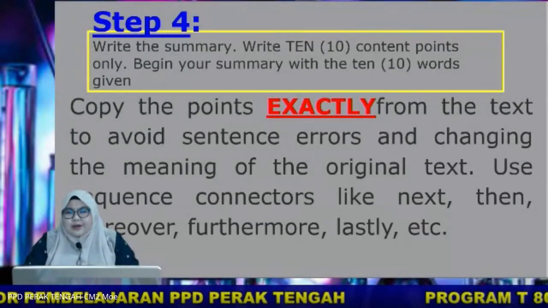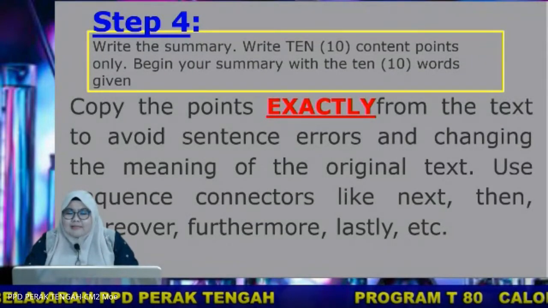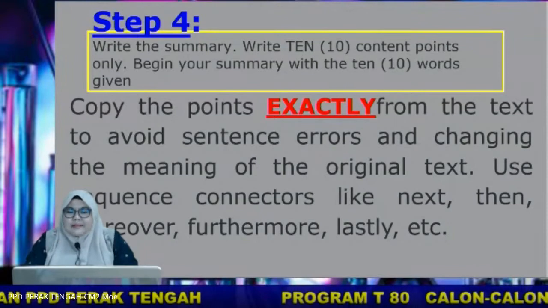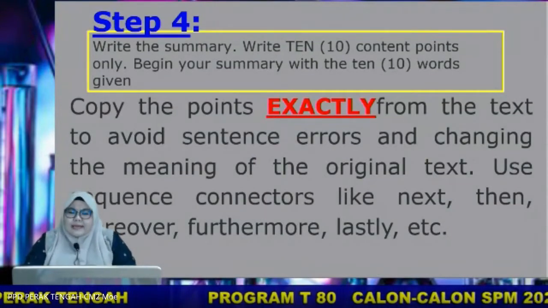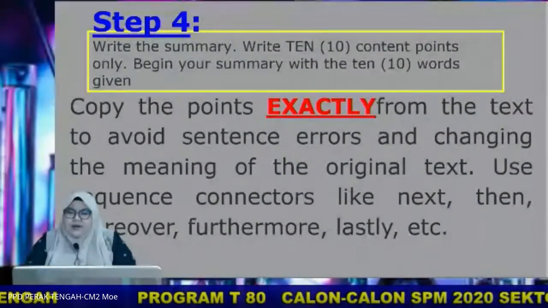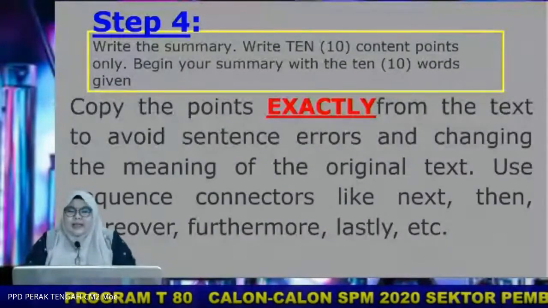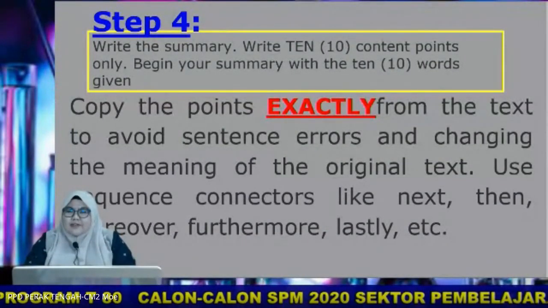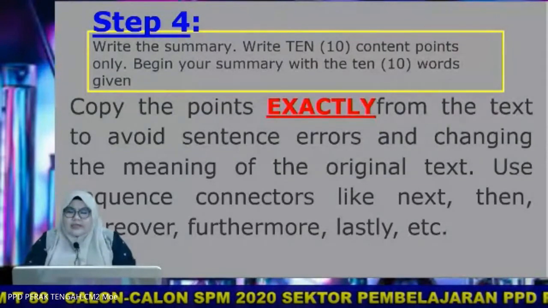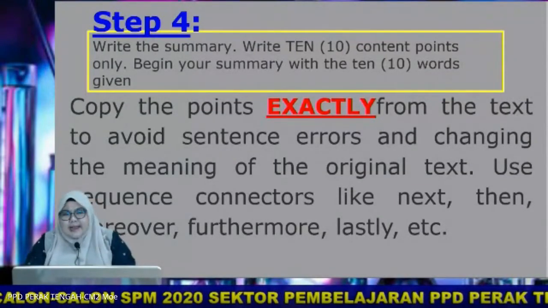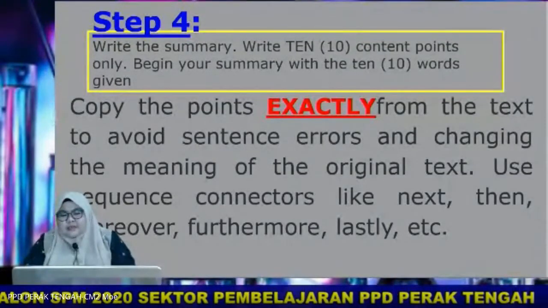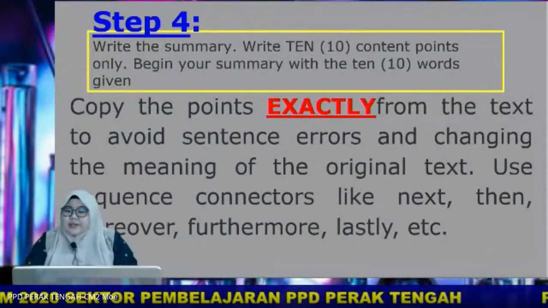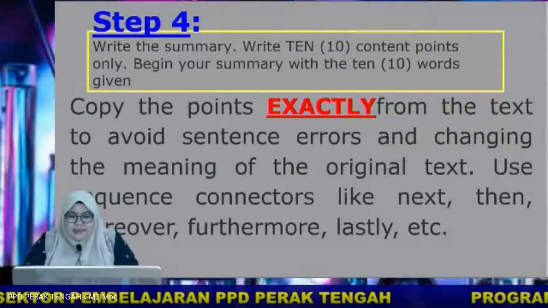That's why you are required to identify 10 content points. Copy the points exactly from the text to avoid sentence errors and changing the meaning of the original text. Use sequence connectors like next, then, moreover, furthermore, lastly.